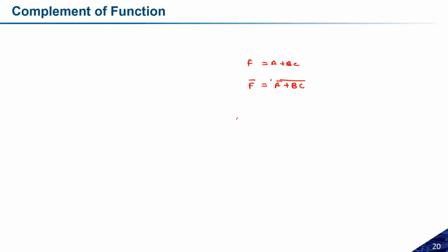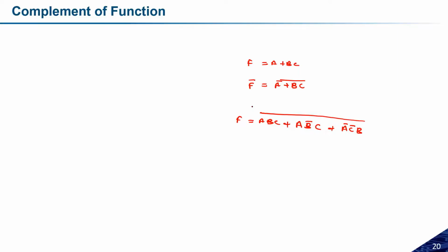But suppose I have a very long expression, let us assume f is equal to abc plus a b bar c plus ac b bar, something like that. If I have to find the complement, I need to find the whole complement and minimize it. Okay, so that may take more time.